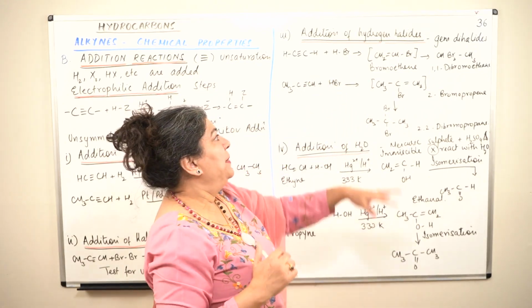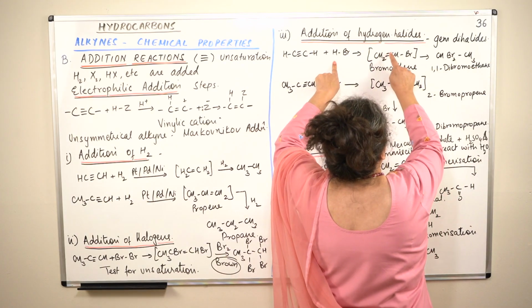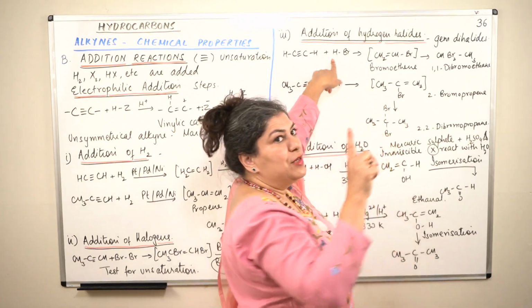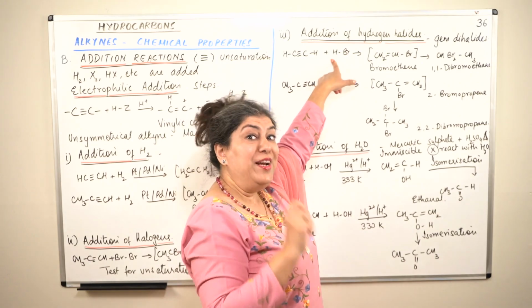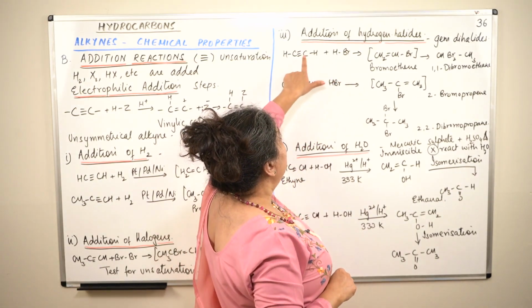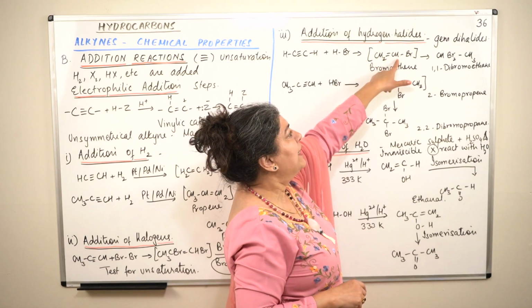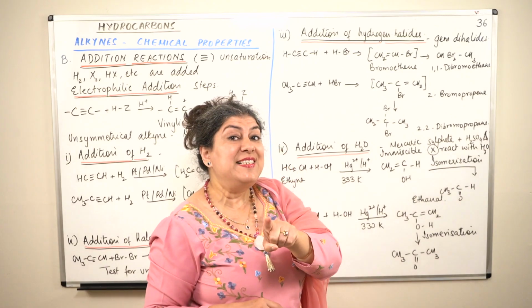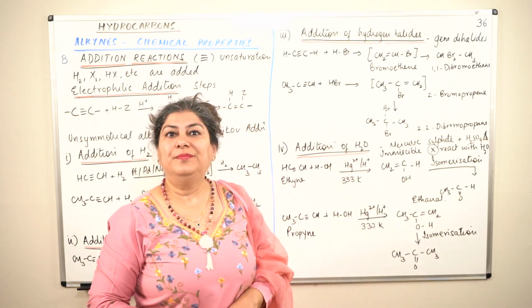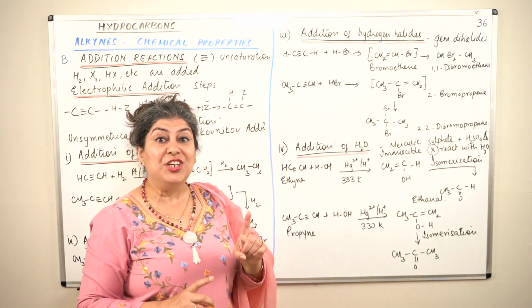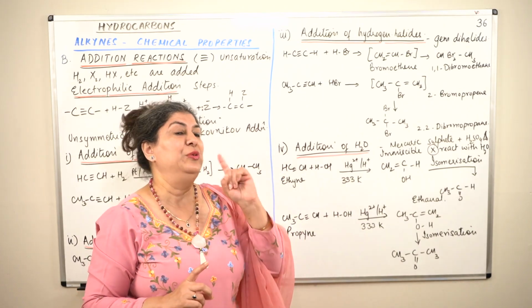In the next step, when this bond breaks, the negative part of the addendum should add to that carbon which has lesser number of hydrogens. We already know that this carbon has 2 hydrogens while this one has only 1 hydrogen. So in the next step, the bromine will add to this carbon and not this carbon, because the addition is electrophilic, because the addition is according to Markovnikov rule.